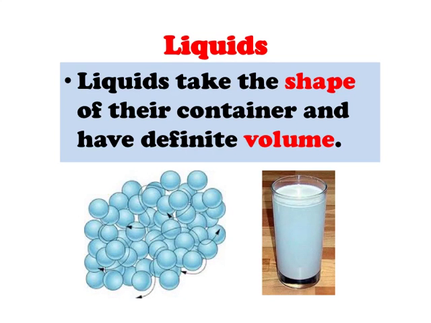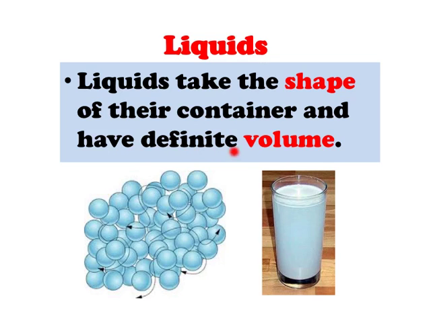The liquid phase of matter takes the shape of its container and has a definite volume. So as you can see, these molecules are just rolling over each other. That's so they can pour. So look at this cup of milk. It took the shape of the glass, but the volume, how much space it takes up, remains the same.